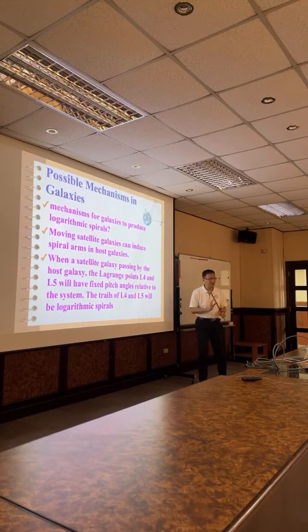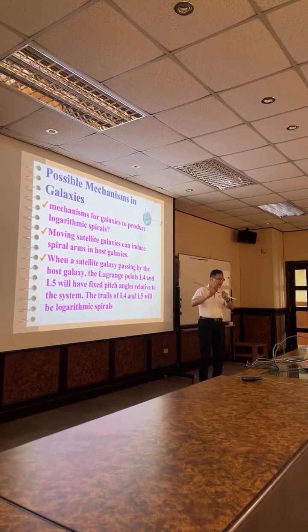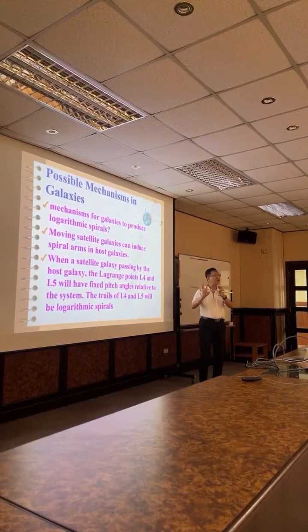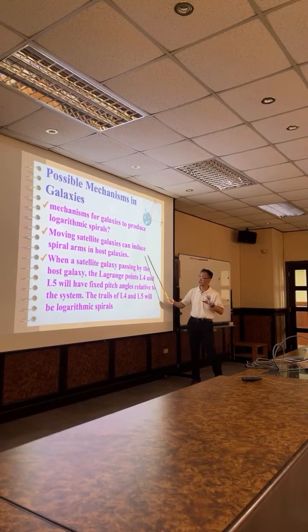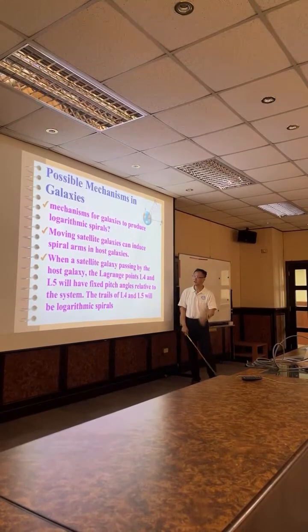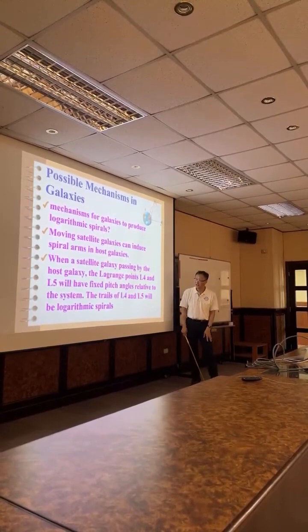We know in what situation we have a spiral. If we have a satellite galaxy moving around the host galaxy, then they can create a spiral pattern. So a satellite galaxy can induce a spiral in the host galaxy.